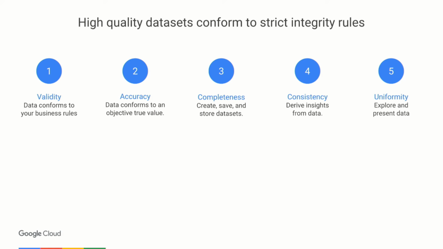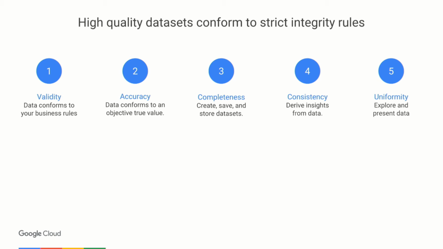As Evan just mentioned, to be able to do valuable analytics or machine learning algorithms, you need to have data that is in a clean state. You need that data to conform to some integrity rules. For example, the data has to be valid. One example is that numbers have to fall within the expected range.